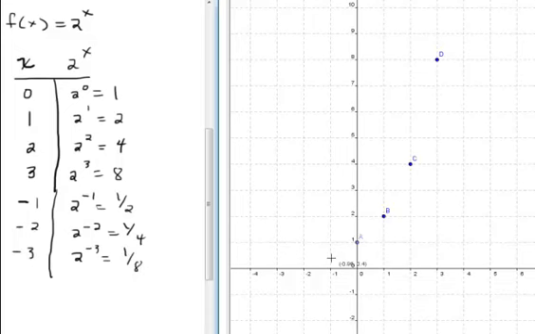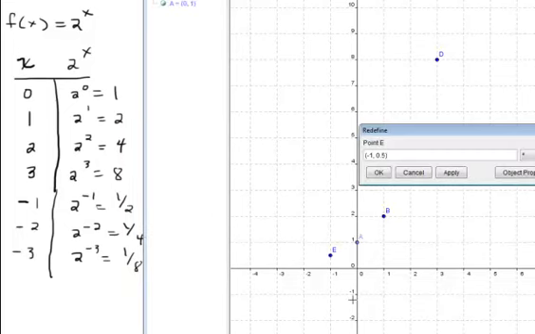Let's go ahead and plot those points. So when x is negative 1, we have one-half.